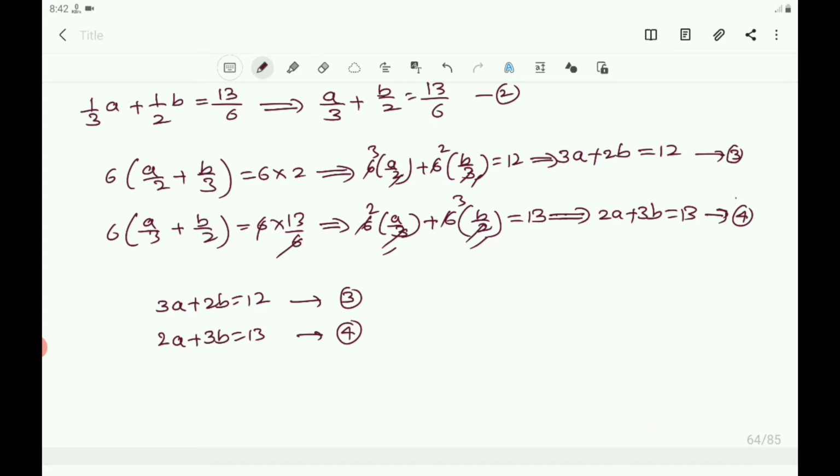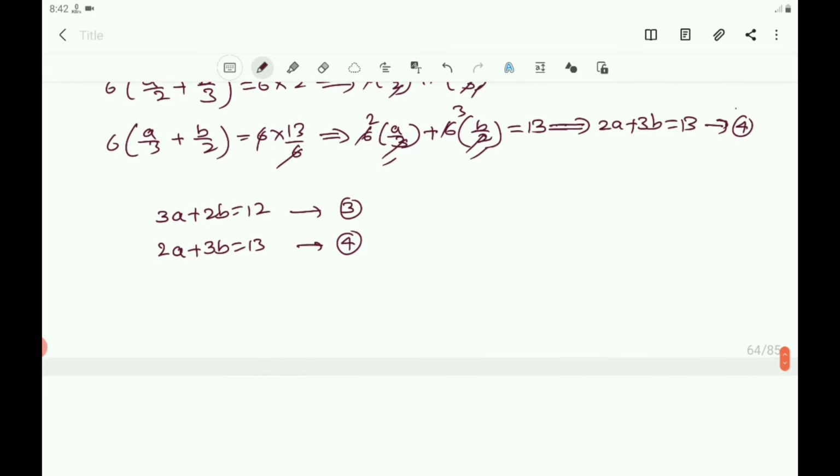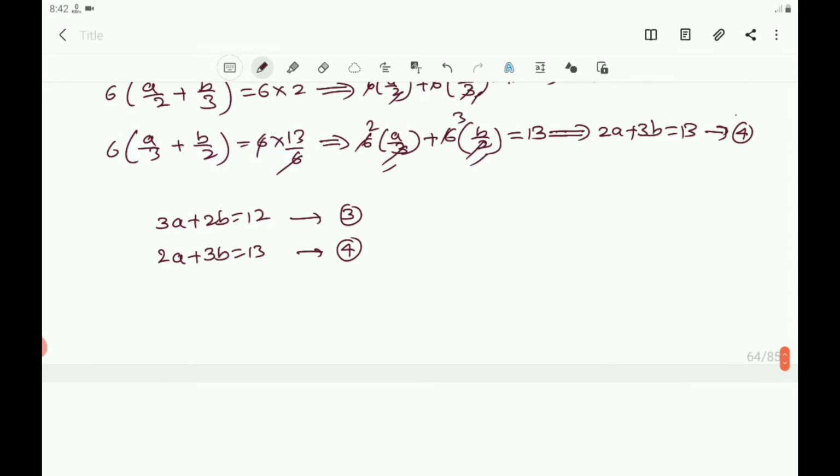We have to get 6 as the coefficient of the variable which we have to cancel, which one we have to eliminate. So to have 6, 3 must be multiplied by 2 and 2 must be multiplied by 3.